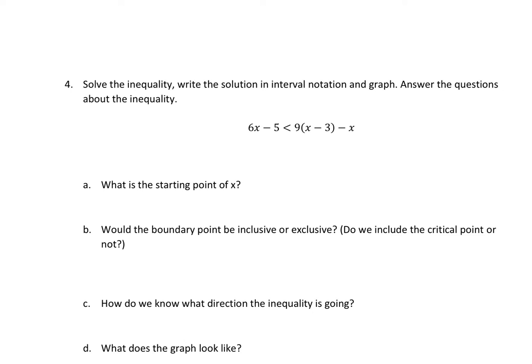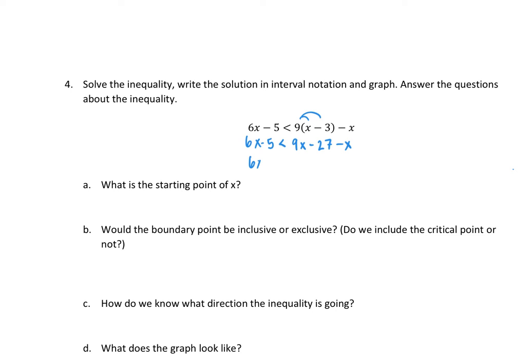So I'm going to do that. Before I answer all these questions, I'm going to just solve this inequality. The first thing we want to do, like when we're solving equations, is simplify the expressions on either side. So I'm going to distribute this 9 through, subtract the x.